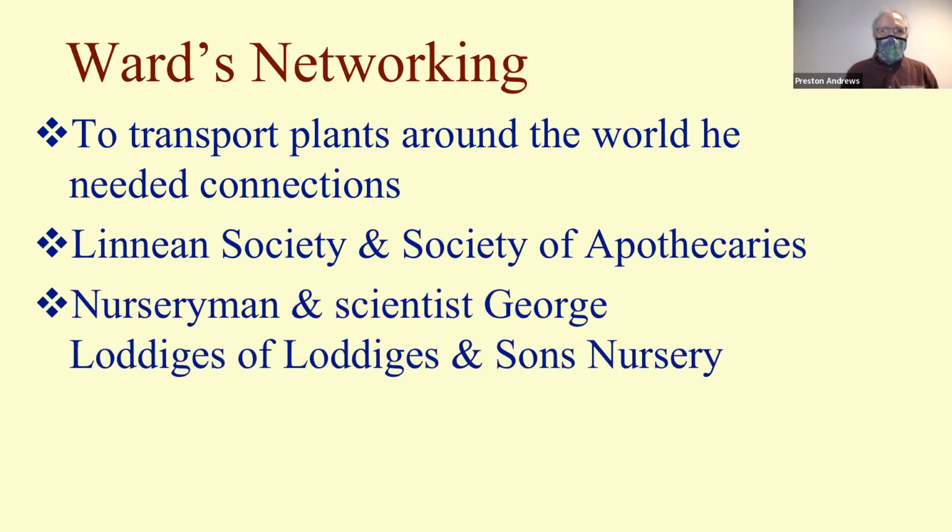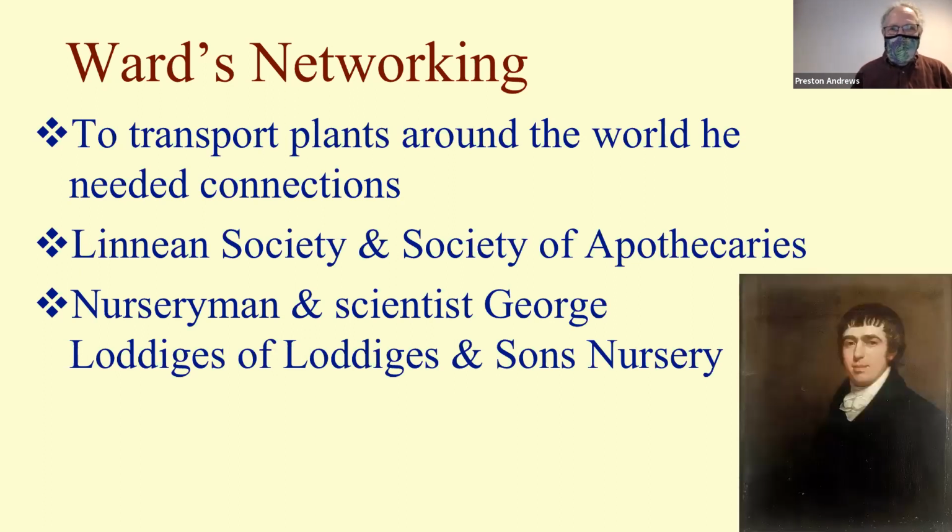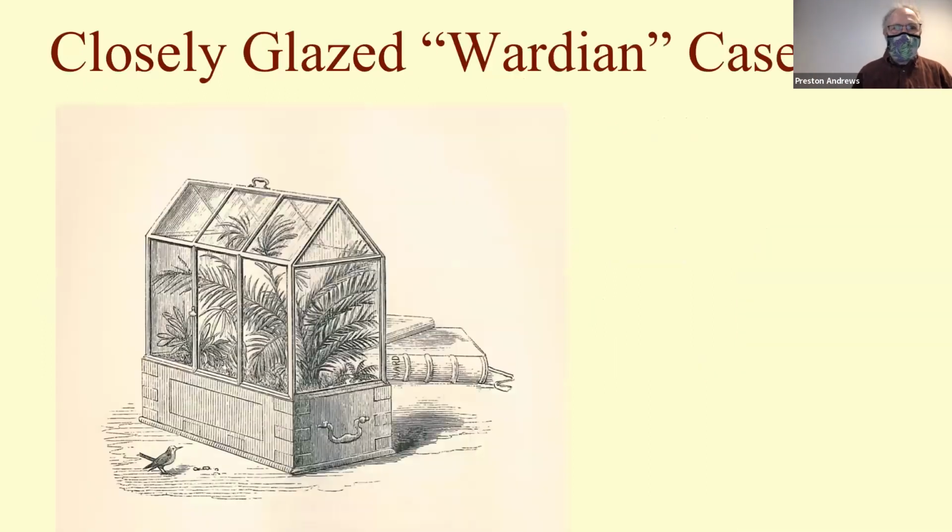He was also a friend of some other people around London, most notably George Loddiges of Loddiges and Sons Nursery, which had a 15-acre nursery right there in London. There's George right there. So he had networked with scientists, and they'd networked with the nursery people.